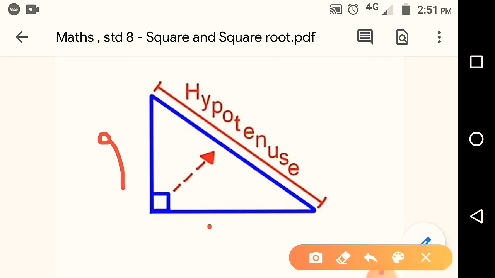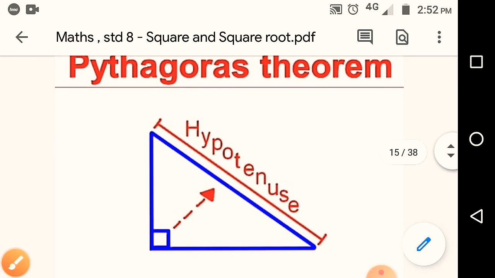This side is given as 4; its square is 16. So 9 is the square of 3 and 16 is the square of 4. The answer will be the total of both: 16 plus 9, that is 3 square plus 4 square, so it will be 25.